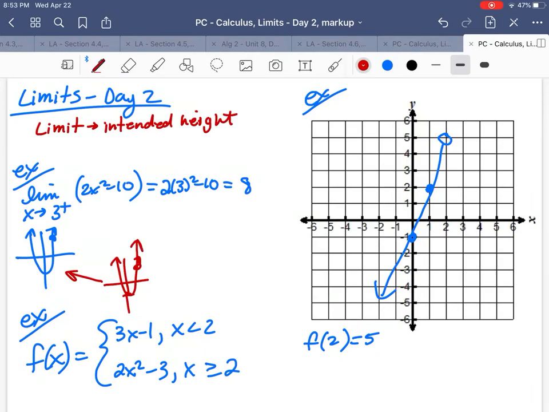So it comes around to negative 3, comes up there, and keeps going up. But I don't need that part, I need the part after the hole. So I basically need the part that comes up like there. Okay?